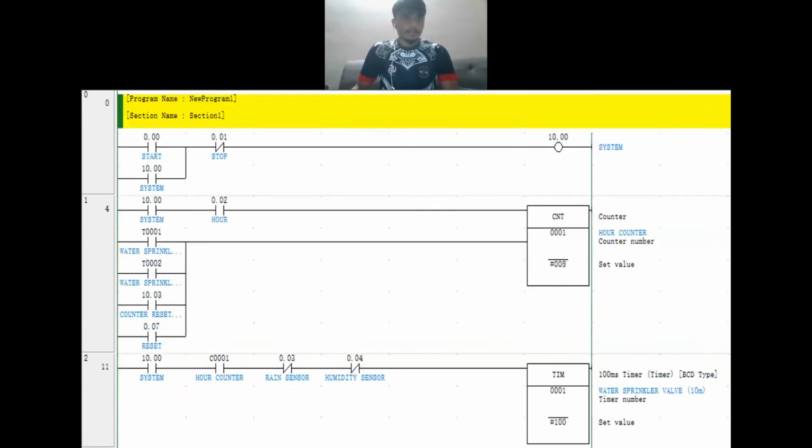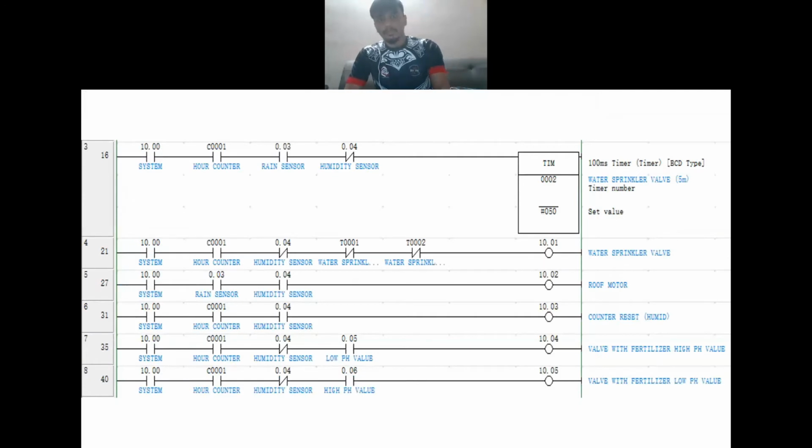In rung 2, it starts with the system, our counter, rain sensor and humidity sensor, and the water sprinkler timer at 10 minutes. I'll just briefly show the contents of the ladder, and I'll explain how it works afterwards. Rung 3 has the system, counter, rain sensor, humidity sensor, and this timer is for 5 minutes.